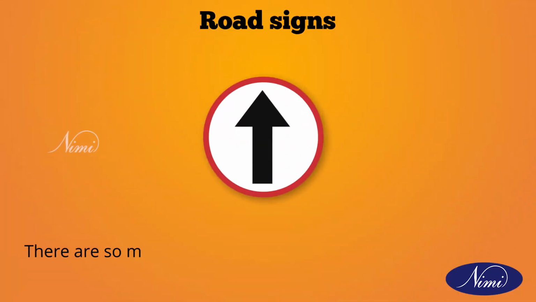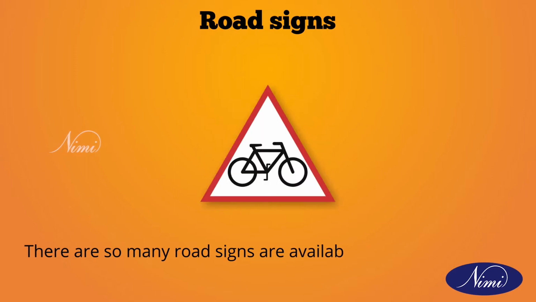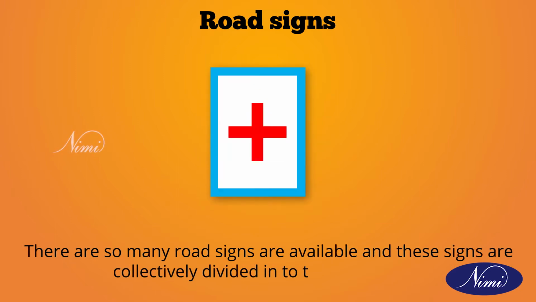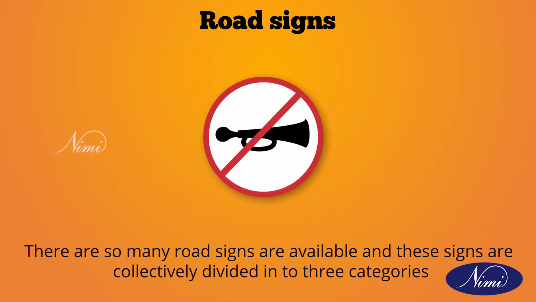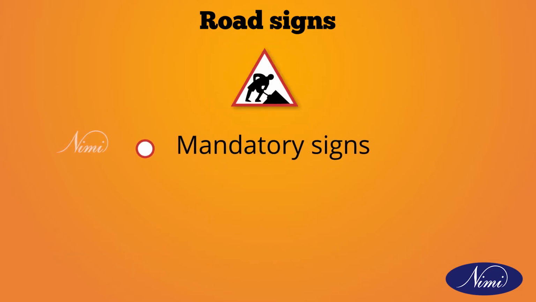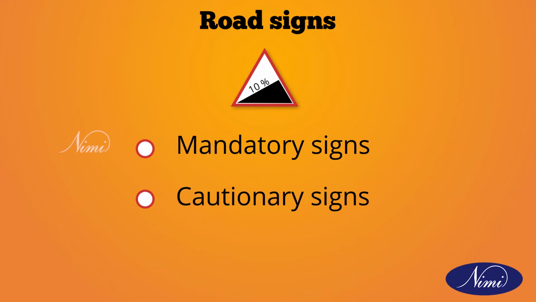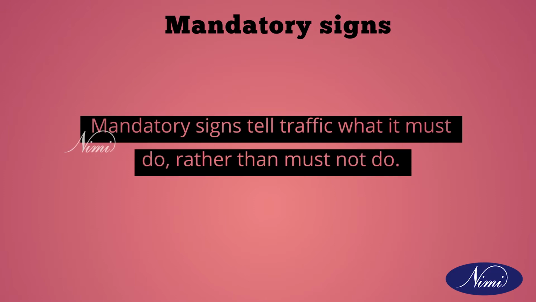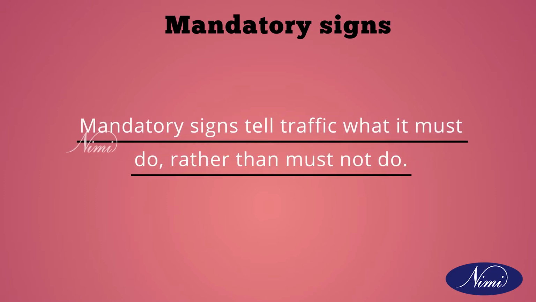There are so many road signs available, and these signs are collectively divided into three categories. They are mandatory signs, cautionary signs and informatory signs. First, mandatory signs. Mandatory signs tell traffic what it must do rather than must not do.